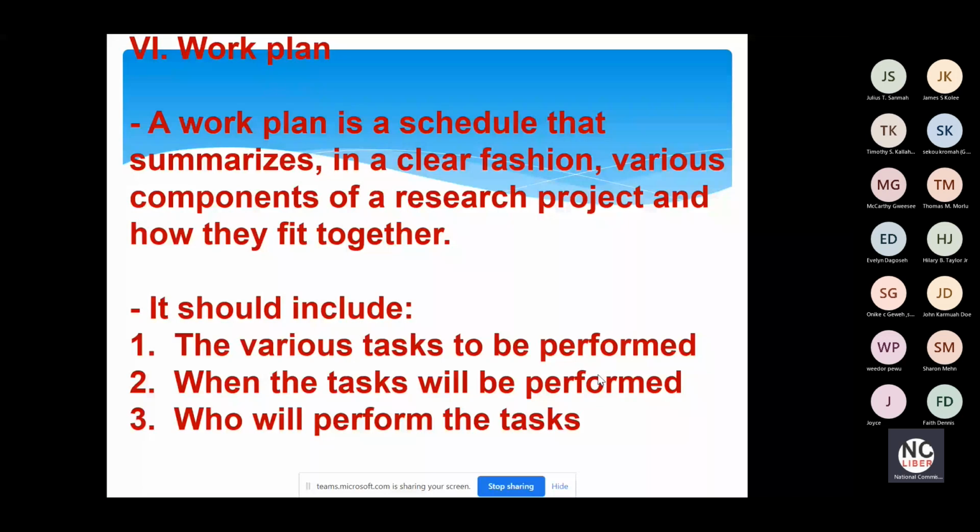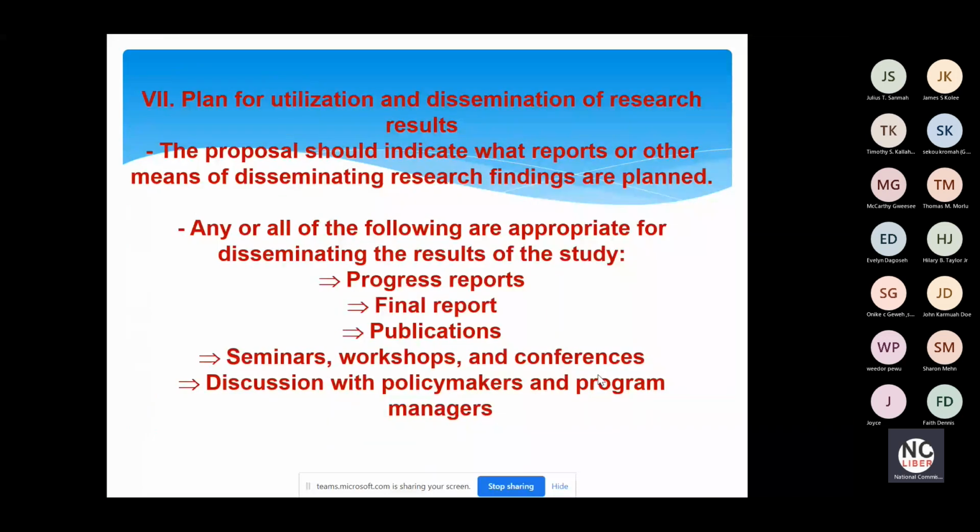Then the other thing is that you have to tell us how you're going to disseminate your results. Are you going to do it in a conference? Will it be published? All the different things you have to be able to tell us. So in your proposal, you should be able to show how the report will be distributed or disseminated, and other means that you're going to use must be there.